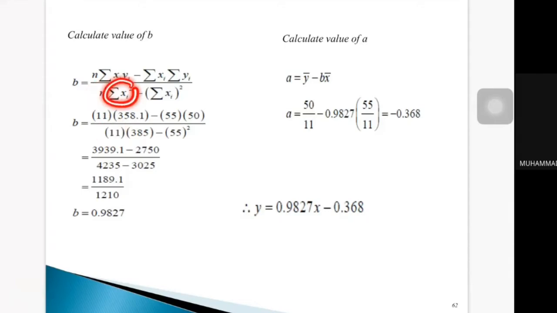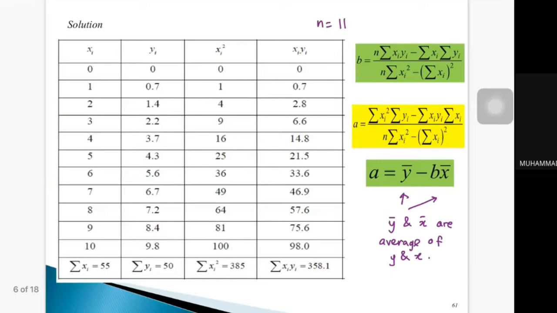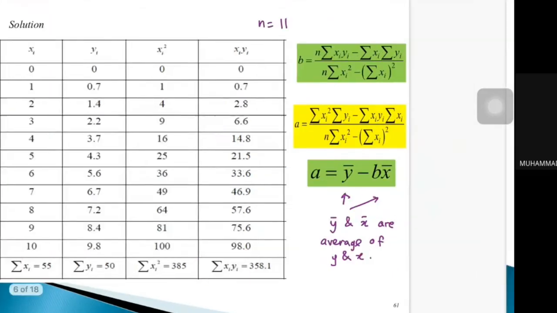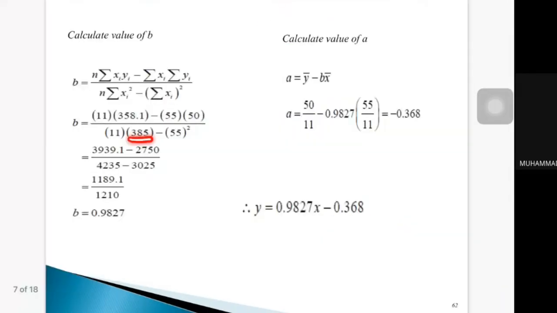The summation of xi squared is 385, the summation of xi is 55, and don't forget to square it. Then simplify this.